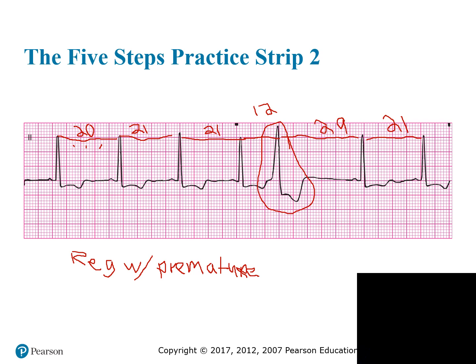Now, as we know, going back to chapter 5, if it's regular with a premature beat, we still calculate it as a regular rhythm, correct? So therefore, we would use the 1500 method.